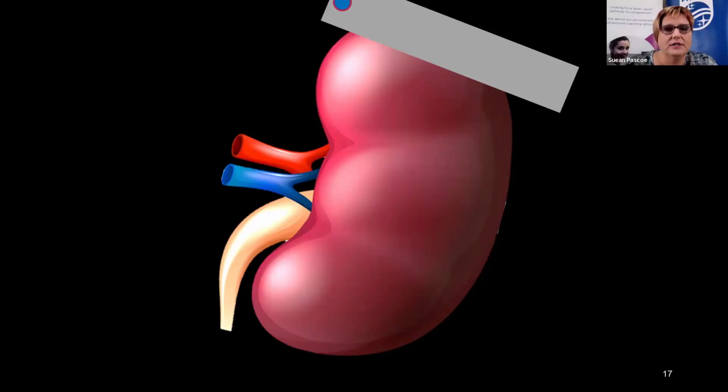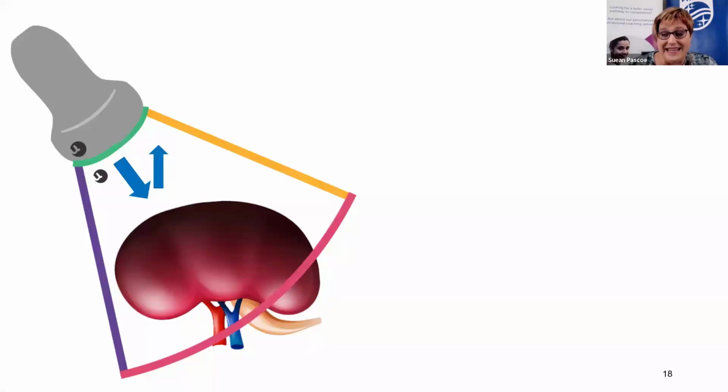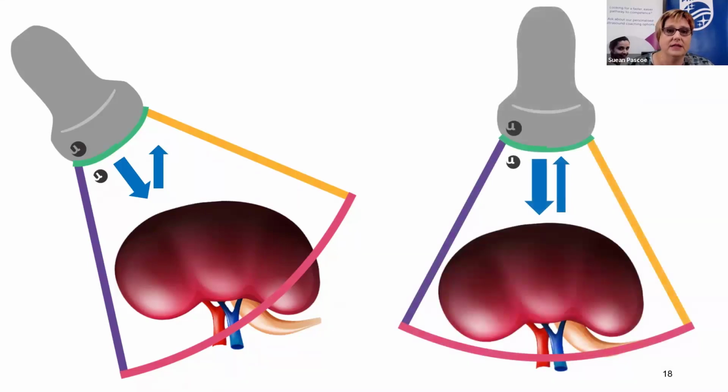Another important technical point is to make sure that we are getting our scanning plane perpendicular to our target organ. So it's really easy to find some nice windows around the place and get visualization of the kidneys, but we do need to make an effort to bring our interrogating beam so that it's perpendicular to the kidney, so that we get the best reflection possible, and therefore the nicest image that we can, to be able to delineate these small structures.